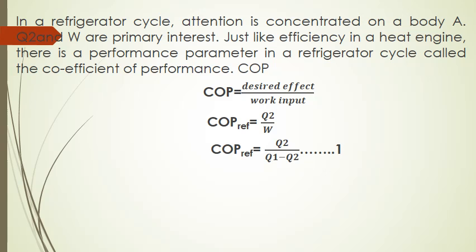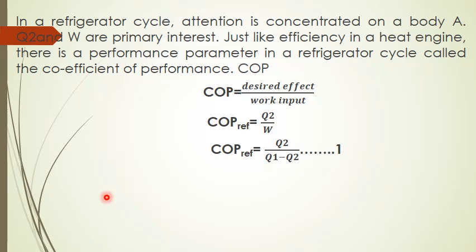Just like efficiency in a heat engine, there is a performance parameter in a refrigerator called coefficient of performance. So instead of defining efficiency of a refrigerator, we will define another performance parameter to analyze its performance. We introduce a term called coefficient of performance, COP in short.